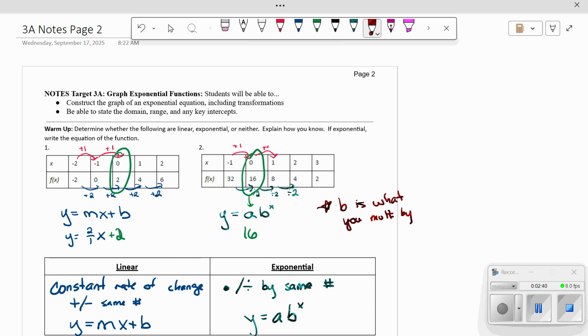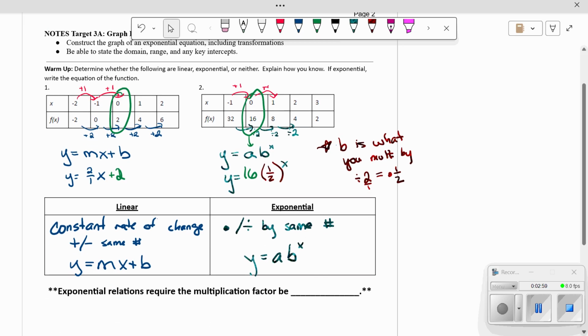Not what you divide by, what you multiply by. So dividing by 2 is the same as multiplying by the reciprocal. I'm multiplying by 1/2. So that's what has to be in my equation. So y equals ab to the x.